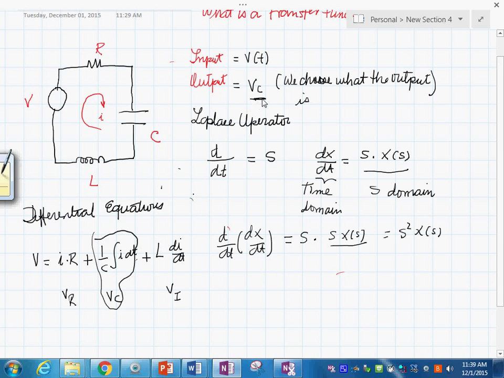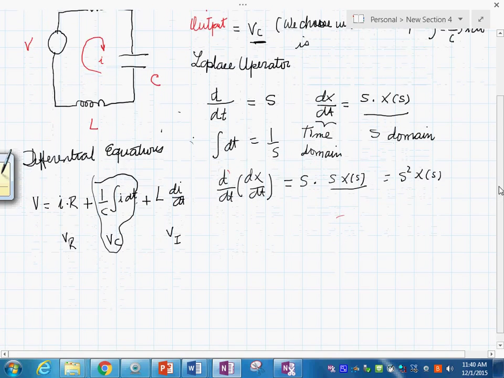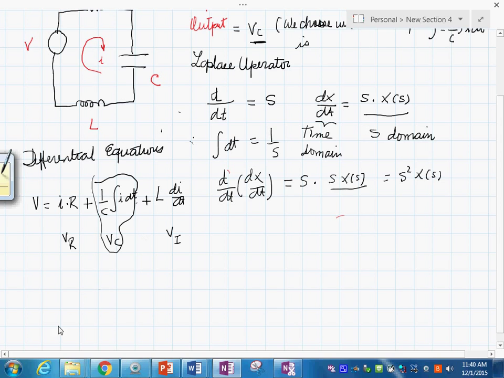This is the output, and we can write that this is 1 over C times the integral of I dt. If the derivative is measured this way, the integral, which is the opposite of this, the integral dt is equal to 1 over s.